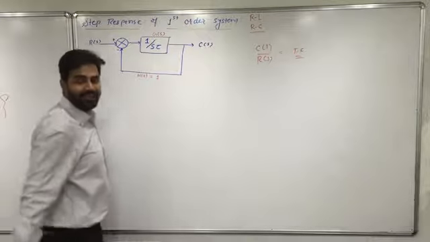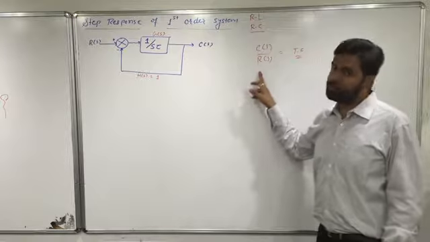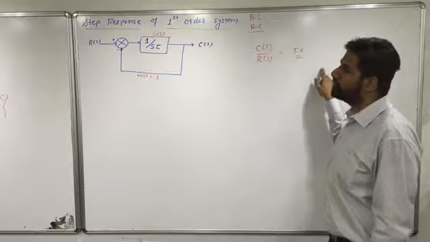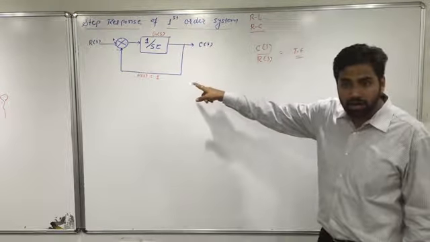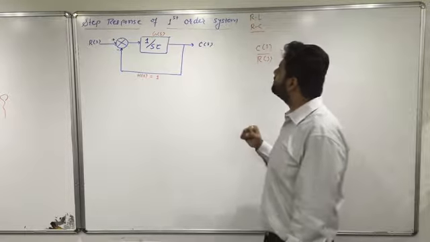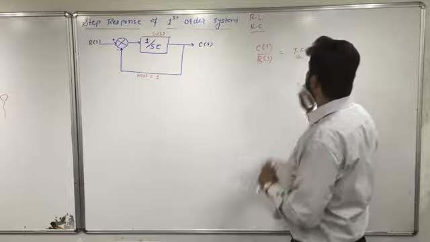I know that the transfer function C of s upon R of s is G of s upon 1 plus G of s H of s. So it is G of s upon 1 plus G of s, because H of s is equal to 1. Is it clear?